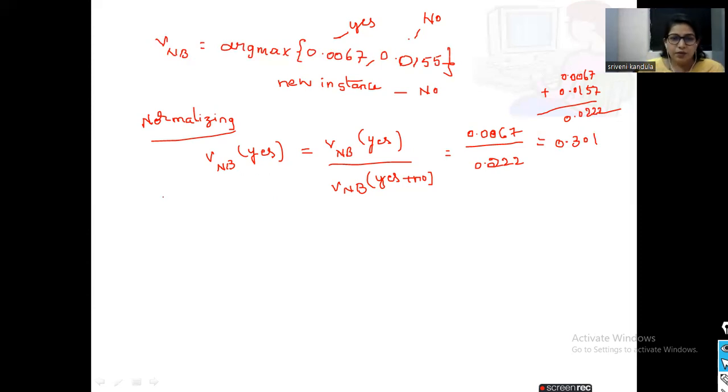Similarly, VNB of no also can be done. This time there will be only a change in the numerator.